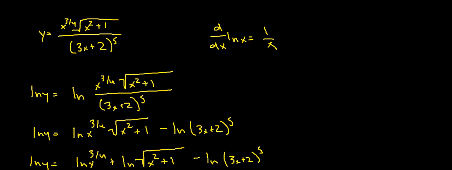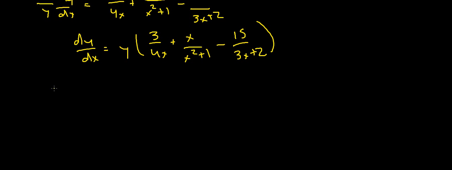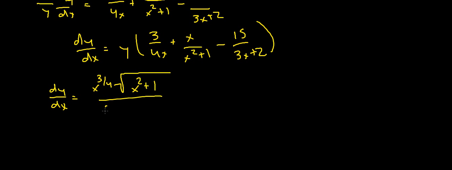I just substitute that in for y and then I'm done. So x to the 3/4 times the square root of x squared plus 1 divided by 3x plus 2 to the 5th, and multiplied by all this.